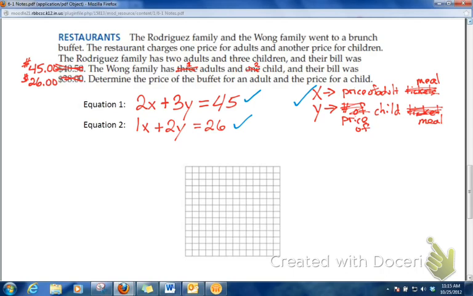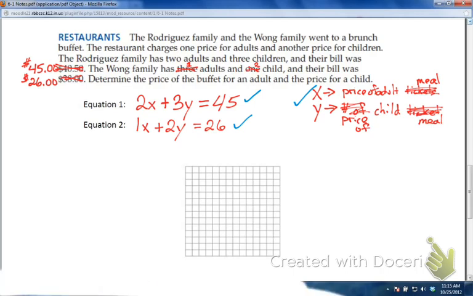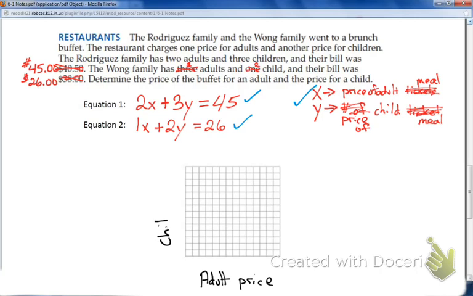So down here in our graph, I'm going to say that the x-axis, the bottom x-axis, is going to represent my x's, which were adult price, and my y-axis is going to be the child's price, and I'm going to label these for the adult price.